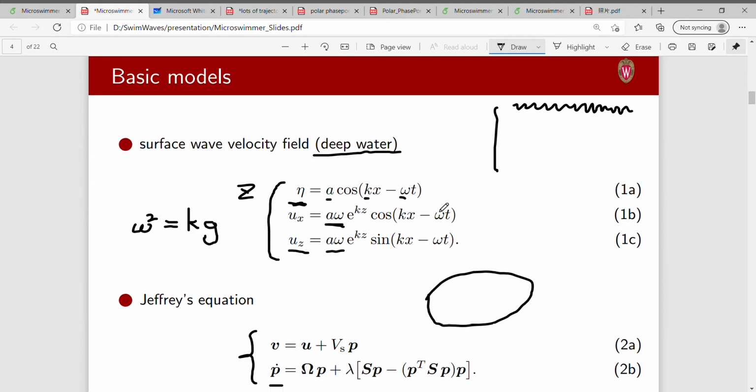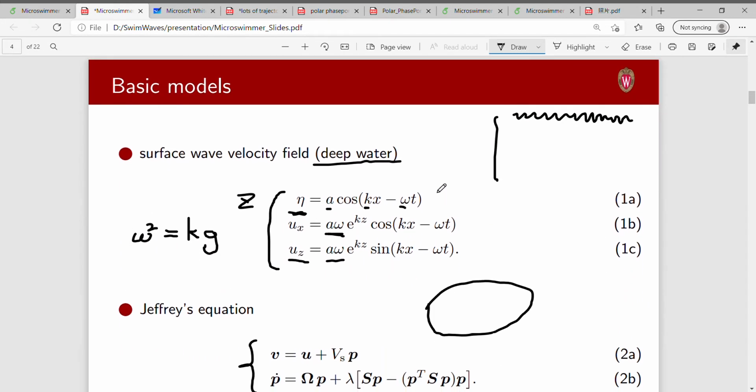And the basic model behind it. The fluid velocity field that we deal with is called the surface wave under gravity, and we make some approximation using the deep water approximation.